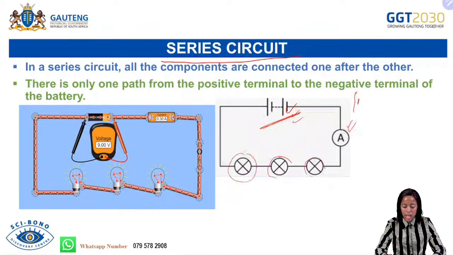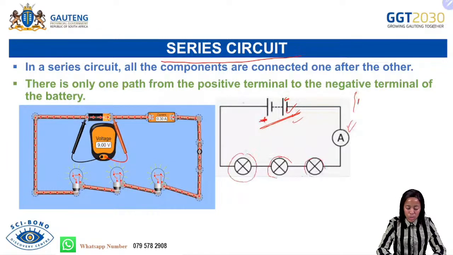If you are trying to determine in which direction the current will flow, we are going to use conventional current. And with conventional current, we are saying that the current is going to move from the positive terminal to the negative terminal. The positive terminal is represented by the longer line, and the negative terminal by the shorter line.